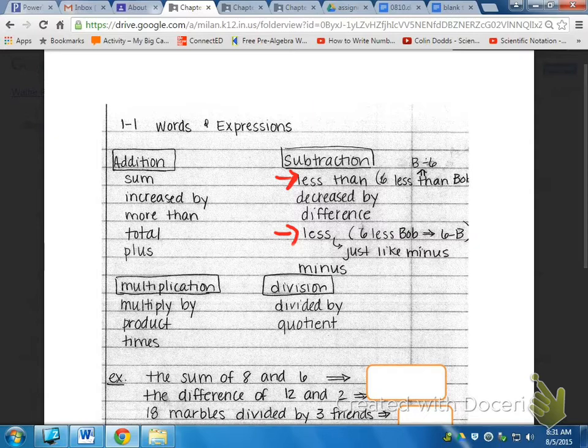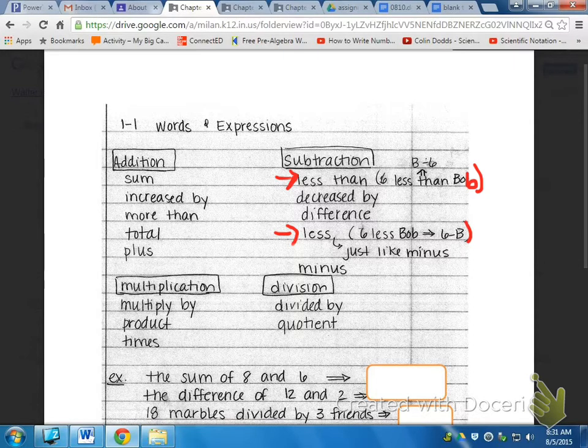Than. Than, okay? So something less than something, or something less something. So what we have here, and the one looks like it's cut off a little bit, it says 6 less than Bob versus 6 less Bob. They mean two different things.